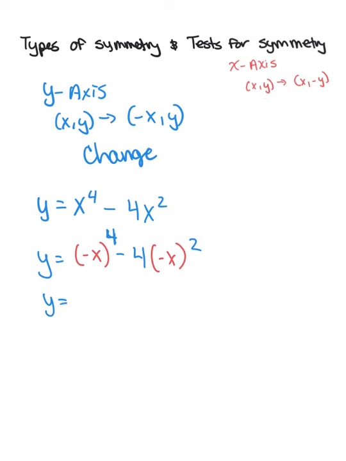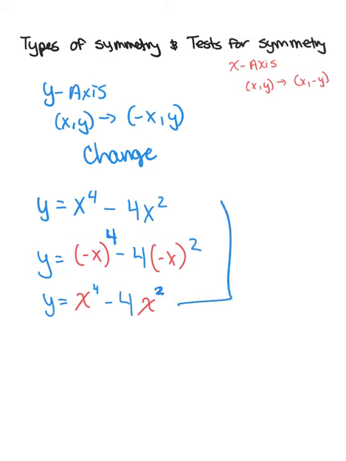So negative x to the fourth power, does that give me a positive or a negative? Well, anything to an even power is always going to be positive. So this is going to give me a positive x, but it's still to the fourth power. Minus 4, again, same thing. Anything to an even power is going to be positive, and it's still squared.